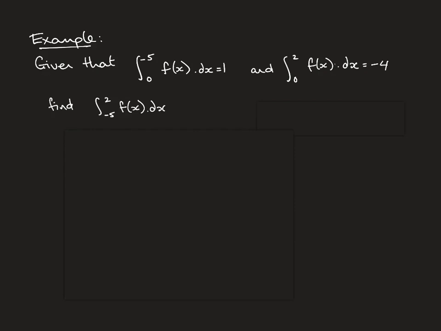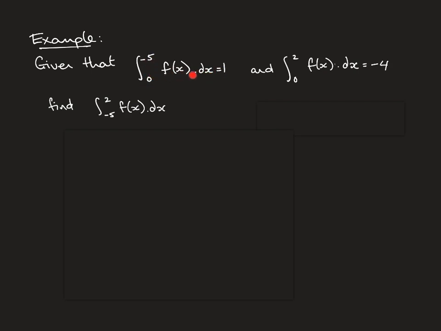Alright, and finally, given that the integral from 0 to minus 5 of f of x is equal to 1, and the integral from 0 to 2 of f of x is equal to minus 4, find the integral from minus 5 to 2 of f of x. Now the easiest way to do this is to think of these as areas underneath the curve between these two terminal points.